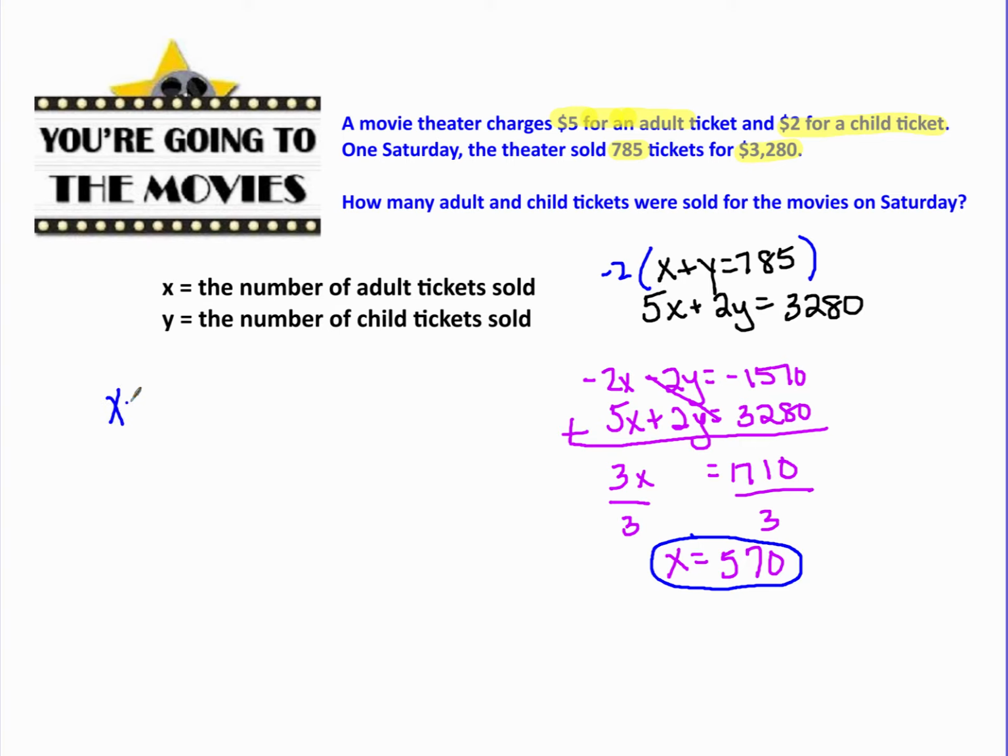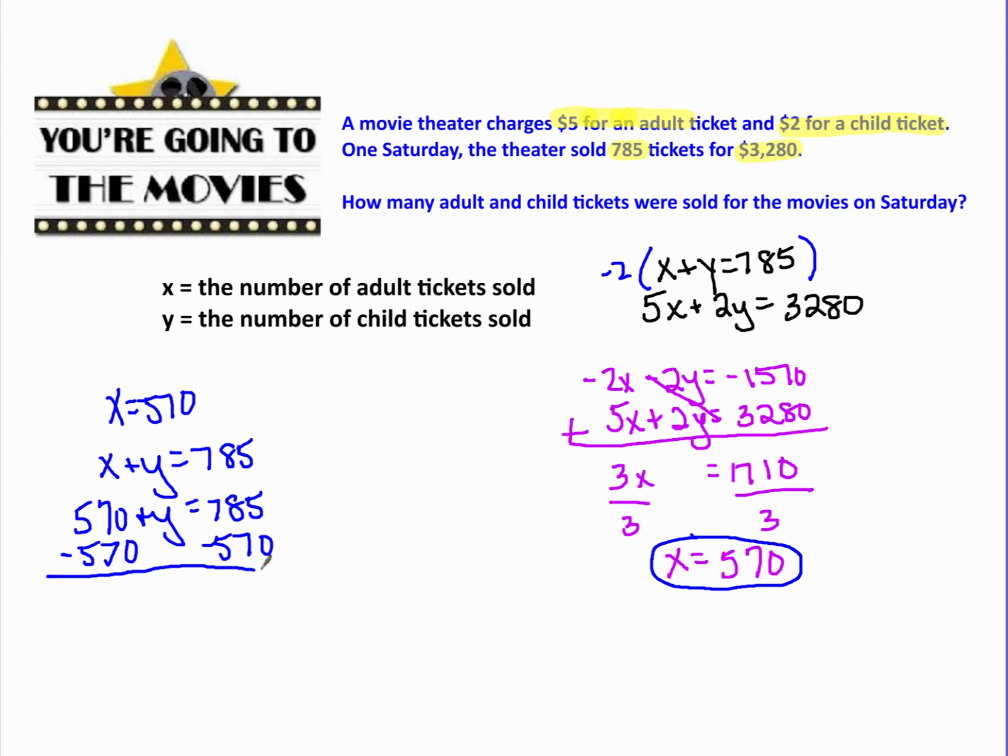If x is equal to 570, we can put it into this first equation: x plus y equals 785. I'm going to sub my value in. 570 plus y is equal to 785. And if we subtract 570 from both sides, we get an answer of y equal to 215.